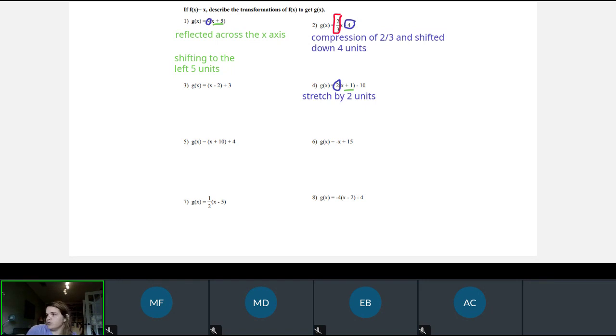I'm going to shift to the left 1 unit. And the last thing, subtracting 10 at the end, means I'm going to shift down 10 units. Okay, so it was stretched by 2, move to the left 1, and then down 10.